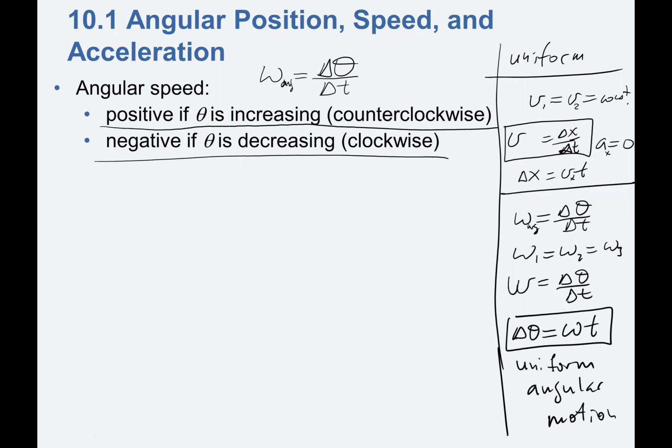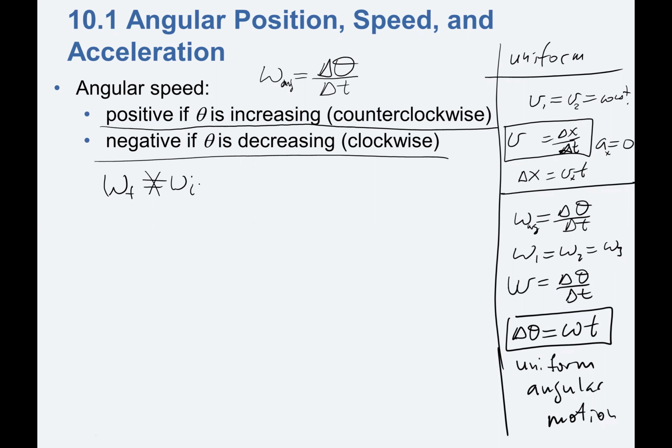Okay, so then what happens when, let's say, your omega changes? Well, if your omega changes, then all bets are off, right? That means you have an angular change in velocity. That means, for example, omega final is not equal to omega initial. They're not equal to one another. So that means you're either speeding up or you're slowing down.